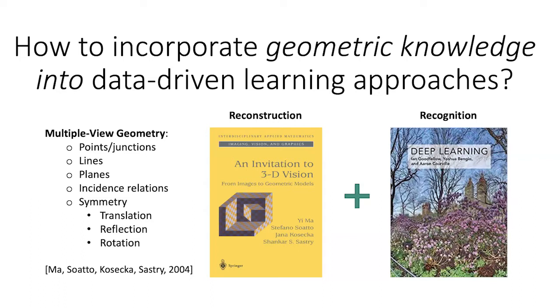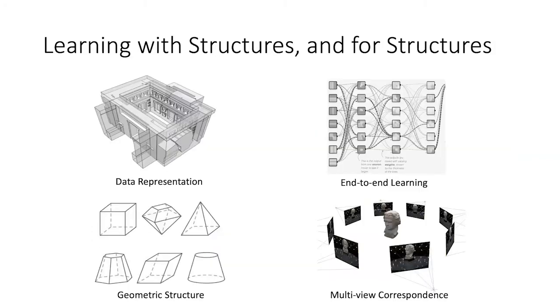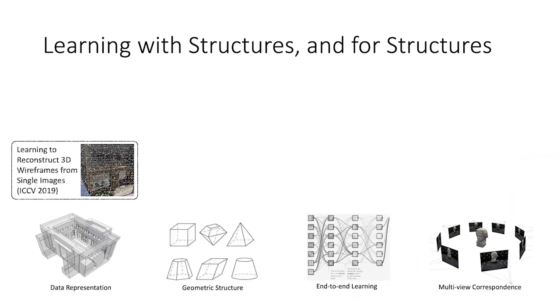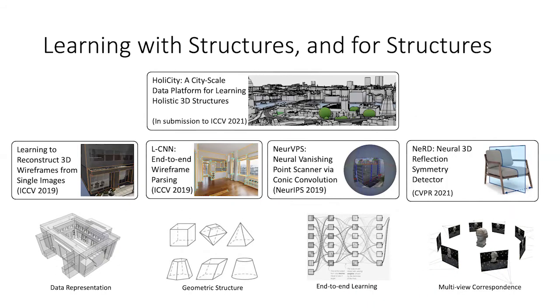I mean, today we'll try to go through a few things. Now the question is that we understand the geometric relationships, but how can they get encoded in the learning approach? We actually saw the early practice of deep learning for 3D vision, without taking into account those geometric constraints and geometric information. It's actually not that much better than nearest neighbor, just doing data retrieval. How can we do better? So today I'll go through a few vignettes. We have gone through a few papers in the past few years.